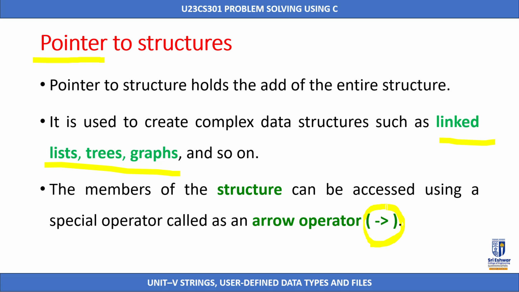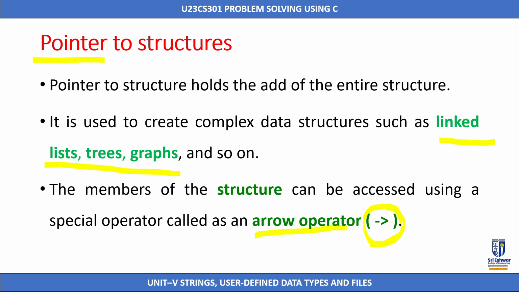The dot operator will not be used in DSA or in the pointer to structure concept. We will be using the arrow operator for that. You can see in the example program how the arrow is used.